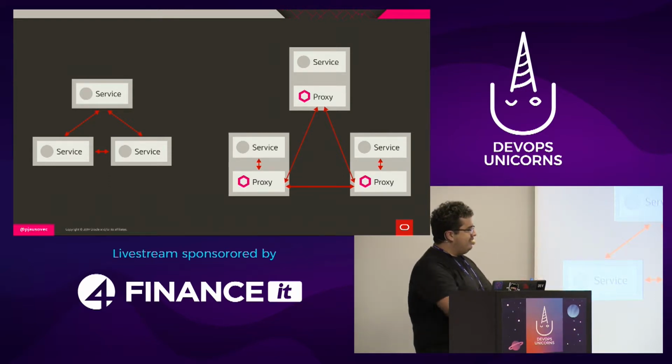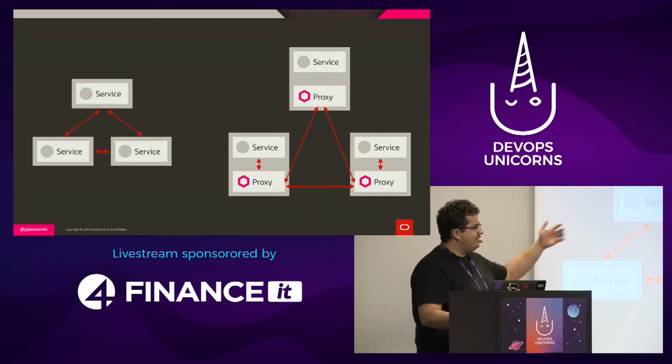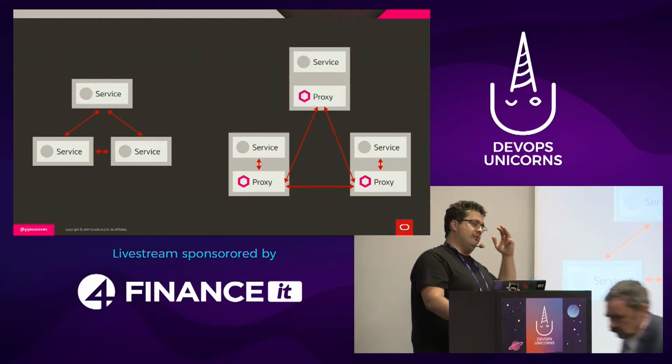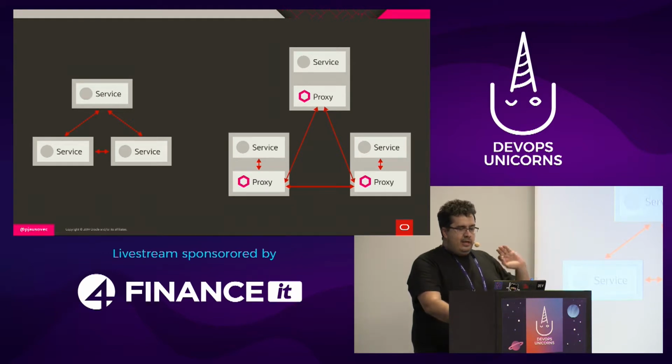And the proxies are then controlled by a control plane that defines and reconfigures them. You can create different sets of rules, and those rules get translated to the proxy configurations, and then you can do stuff like circuit breakers, retries, timeouts, and traffic routing. You can do a bunch of stuff with this.